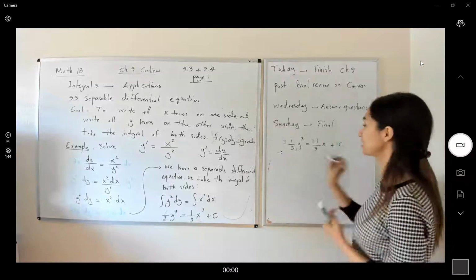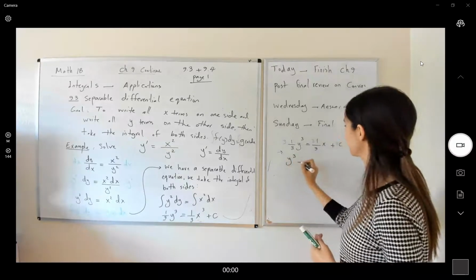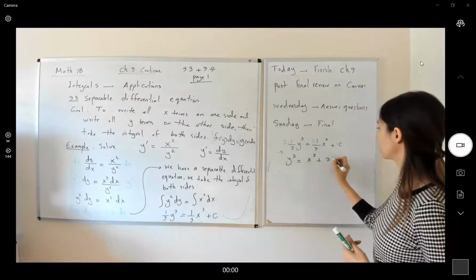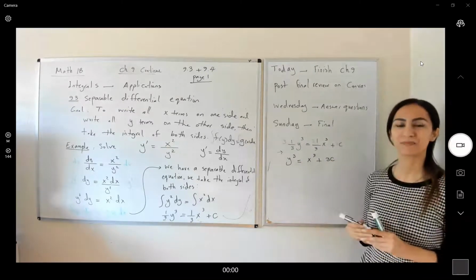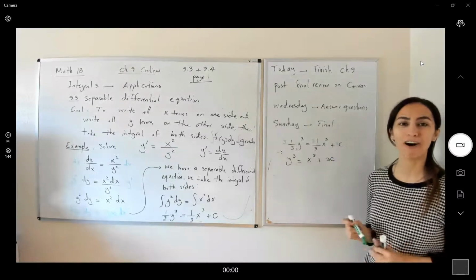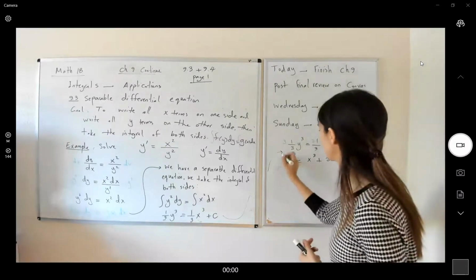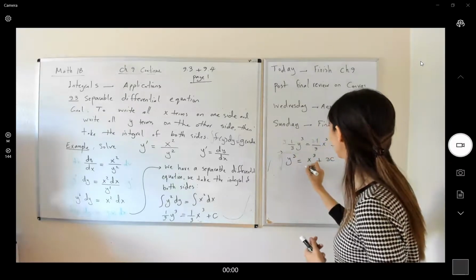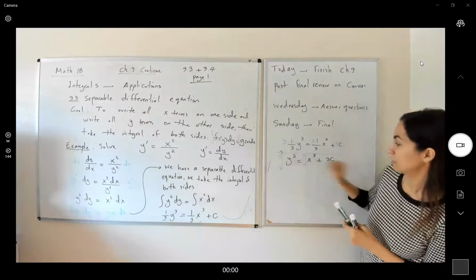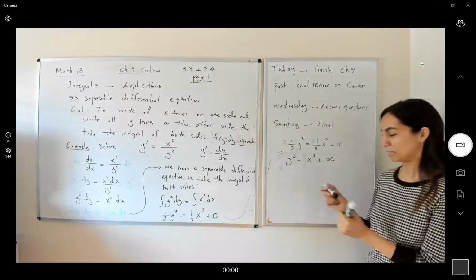Y cubed is equal to x cubed plus 3 times c. Now we take the third root of both sides to get rid of this exponent 3.